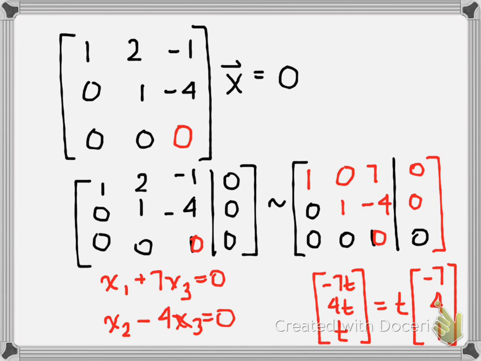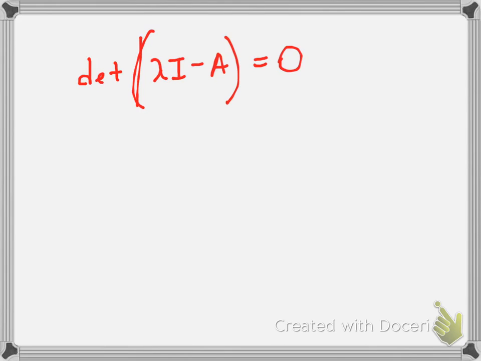This process can be used in general to find all eigenvalues and eigenvectors. You start with the characteristic equation, which we find by finding the determinant of lambda I minus our matrix and setting that equal to 0. That gives eigenvalues.